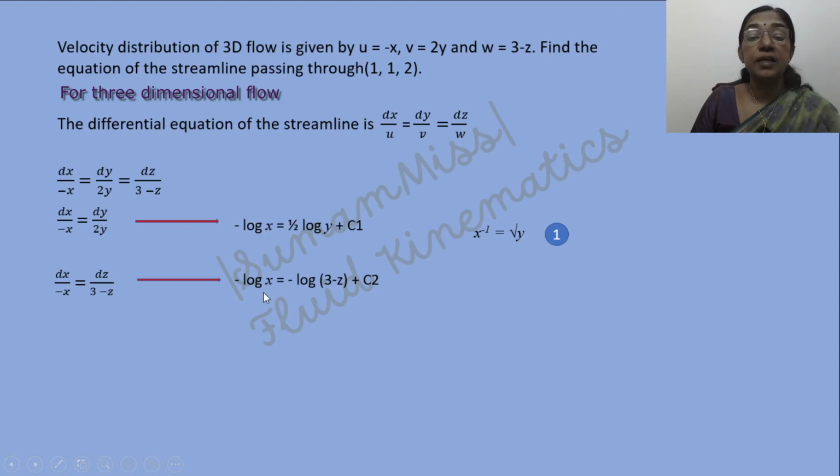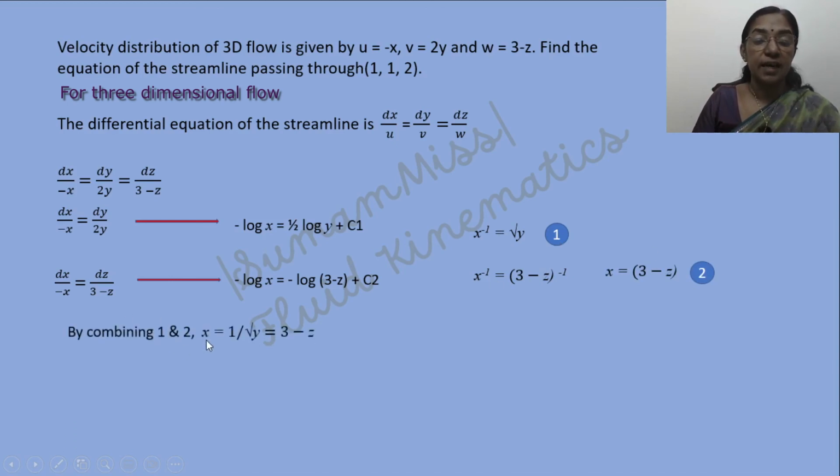Substituting x equal to 1 and z equal to 2, the constant c2 is equal to 0, or we can rewrite this expression as x raised to minus 1 equal to (3 minus z) raised to minus 1, or x equal to 3 minus z. So equating 1 and 2, the final expression is x equal to 1 by root y, which is equal to 3 minus z.